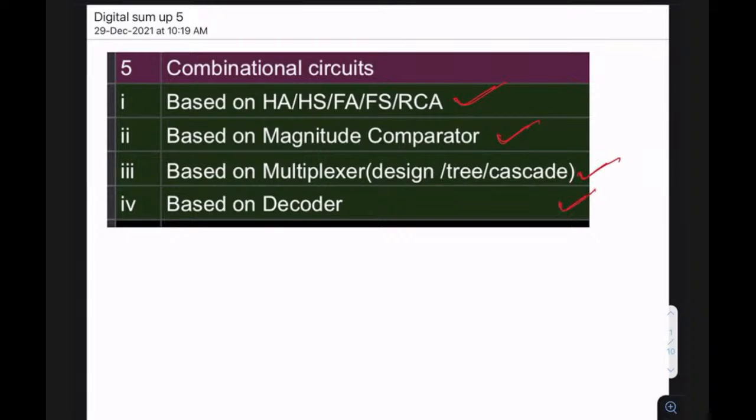So from this particular topic you get questions, and those questions will definitely belong to one of these 4. And if you ask me, sir, out of these 4, which is the most important one? I mean, where will you get questions very frequently? So one is the first category and the third category. So the first and third are the most crucial ones from where we can expect some questions.